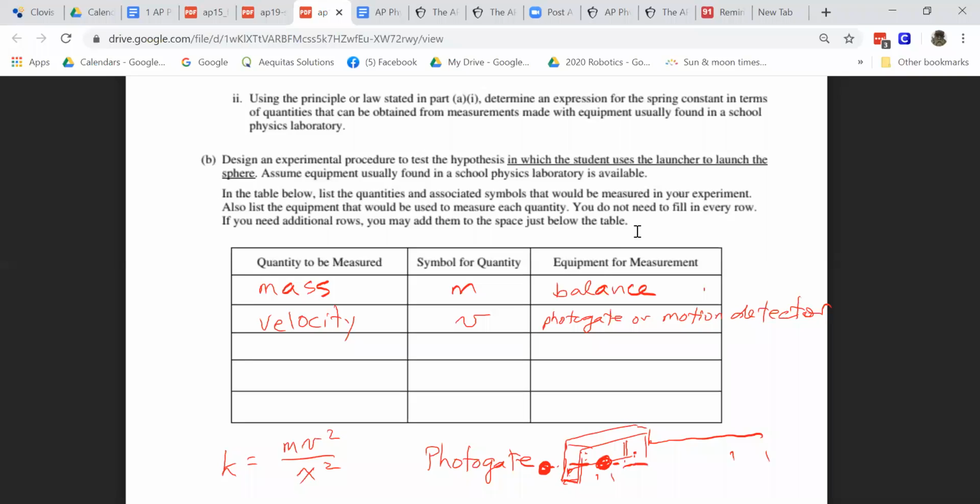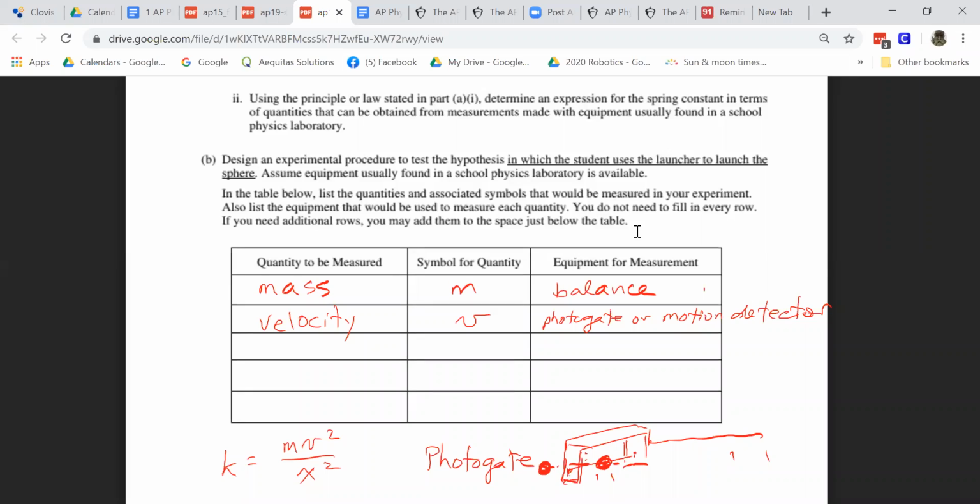And then you plug that in and you get the speed of the ball. Now, probably if you use a photo gate to measure velocity, let's look at that a little bit more. Let's come back to that.